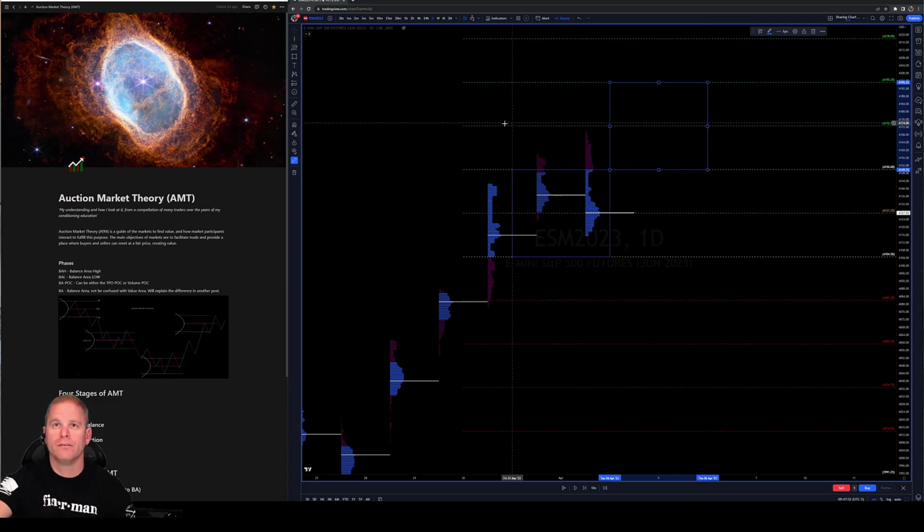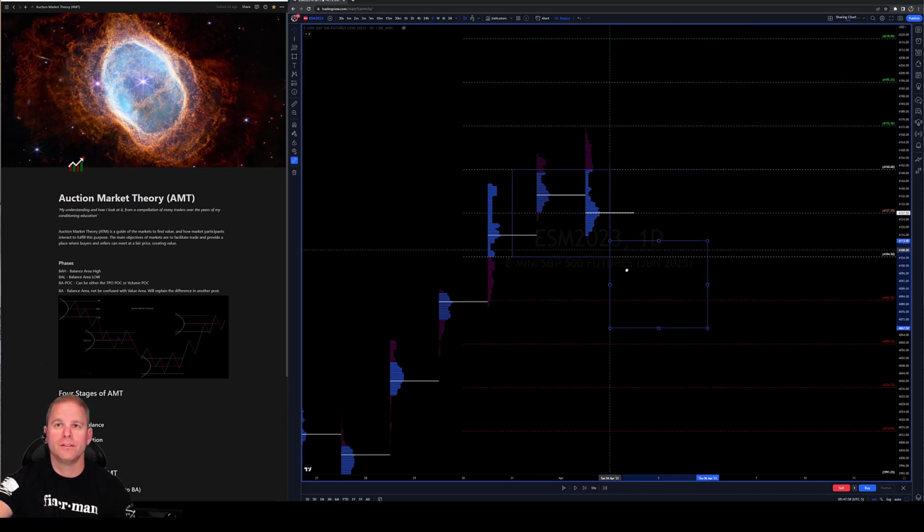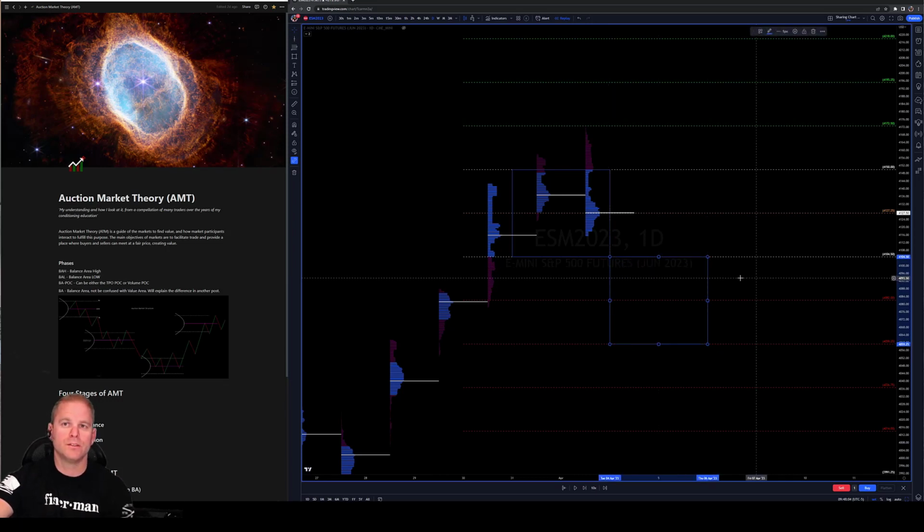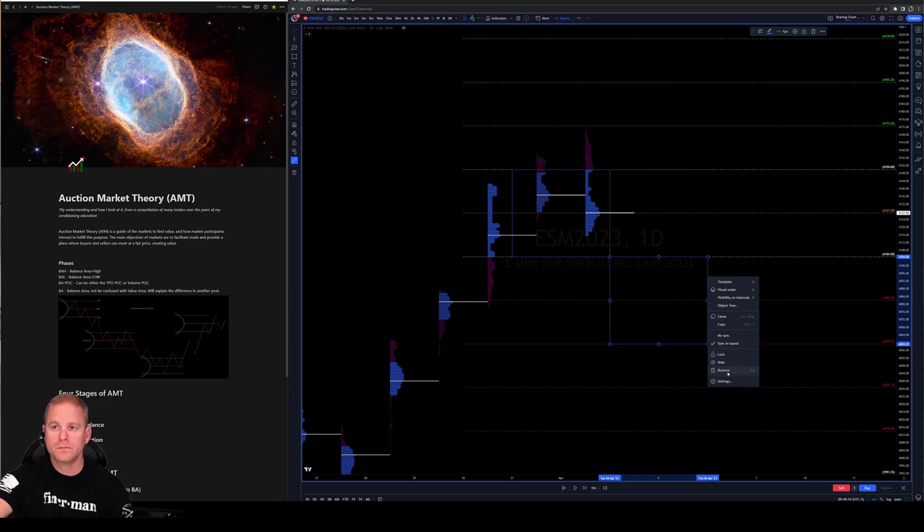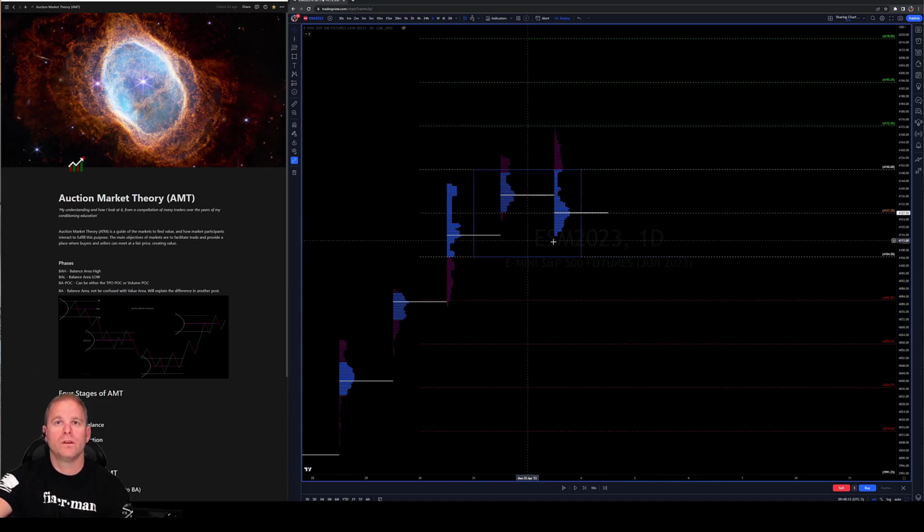I have a 50% line right here, and then one full rotation is here, and vice versa down below. It's basically equal size move rotations, and obviously it doesn't move that smoothly, but you'd be surprised how many times this actually does work.